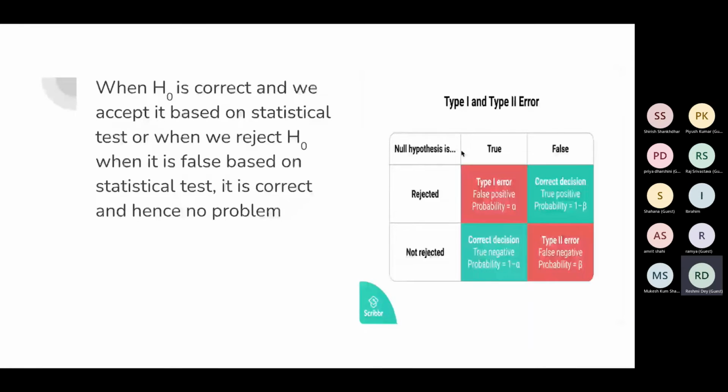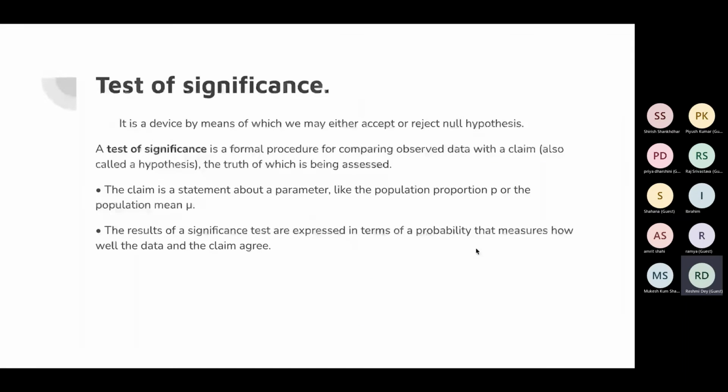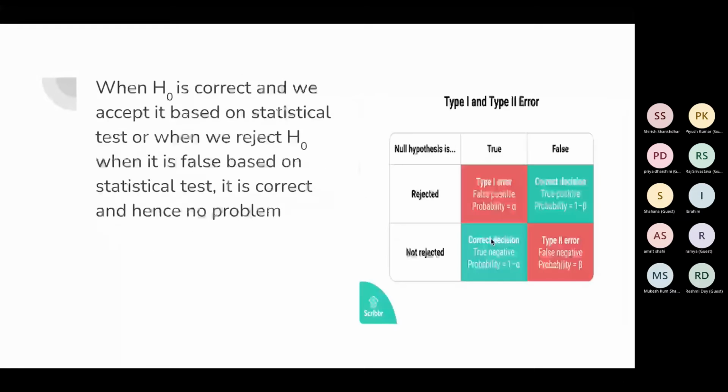When our null hypothesis is true and it is not rejected, again a correct decision. But when our null hypothesis is false and it is not rejected, so instead it is accepted, we are performing type 2 error.